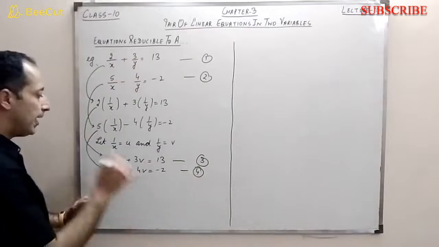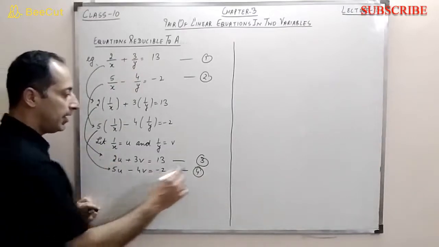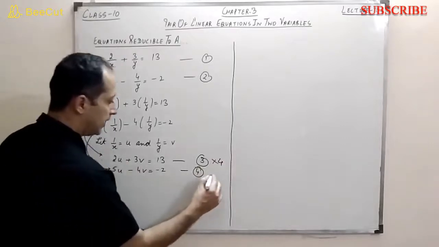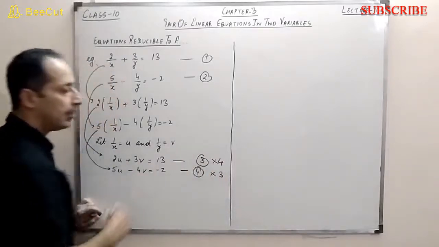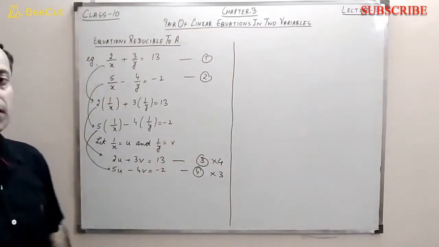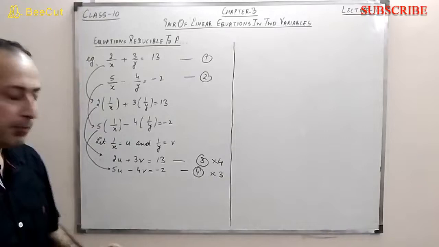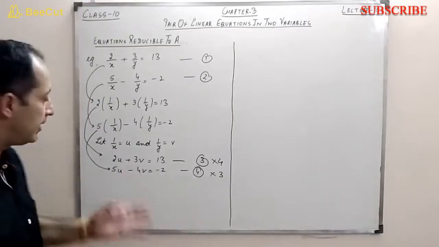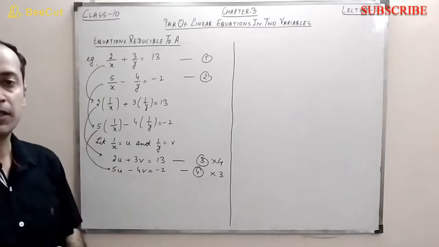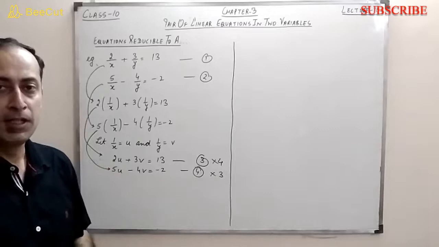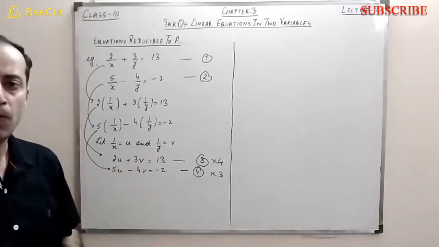Now what I do, I multiply the third equation by 4 and this fourth equation by 3. So what I am basically trying to do, I am trying to make the coefficients of v equal, because it's your choice. You can make any of the variables equal. You can make the coefficients of u equal, or you can make the coefficients of v equal.